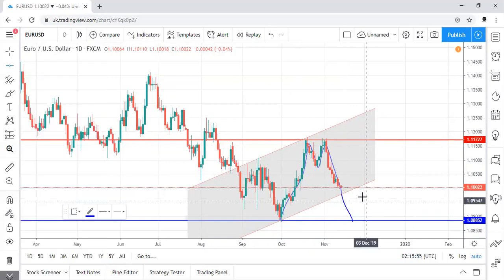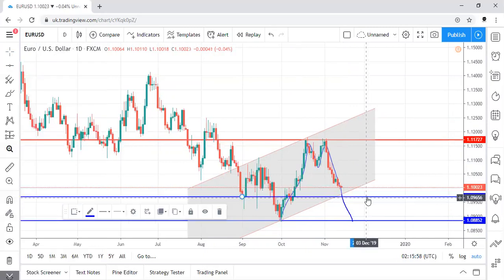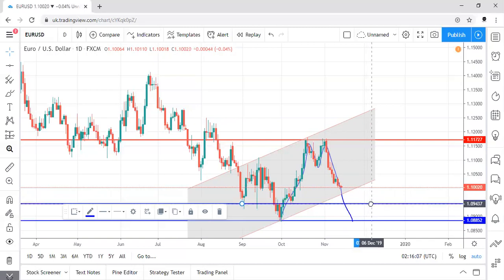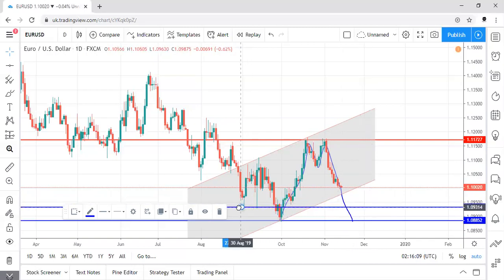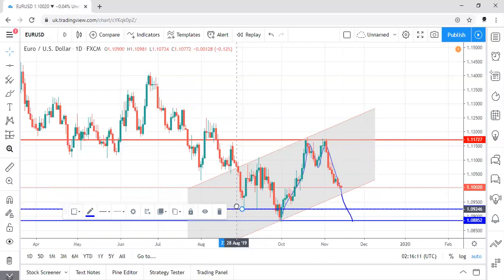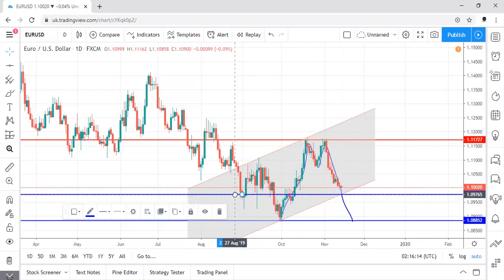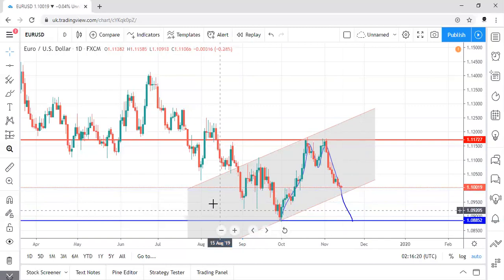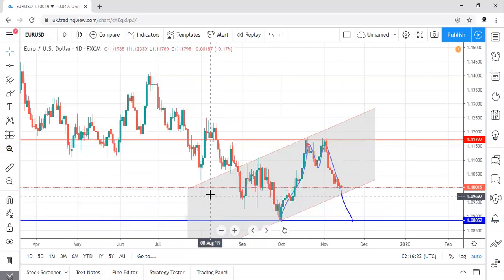Where do I find it? I put it somewhere and check where the market has reversed. Okay, but I don't see anything strong here that might make the market reverse. Let's just leave this one.